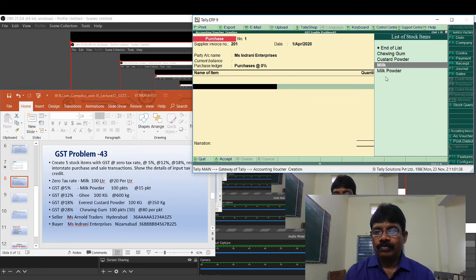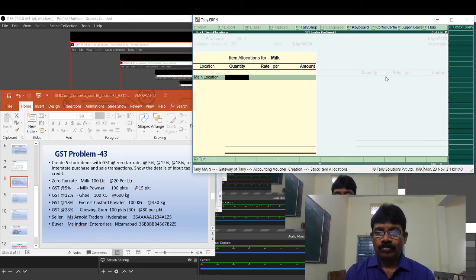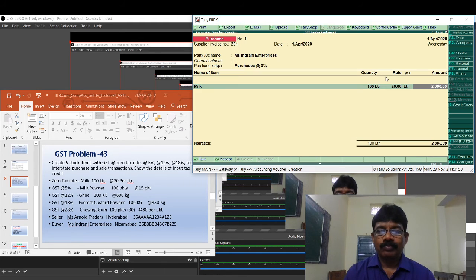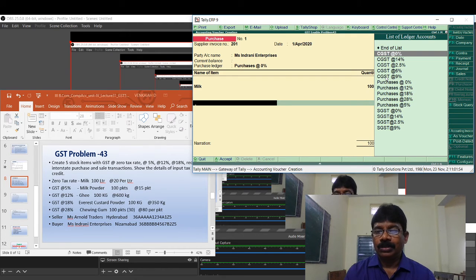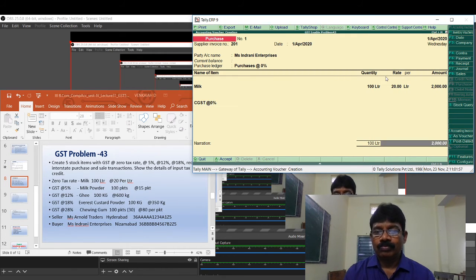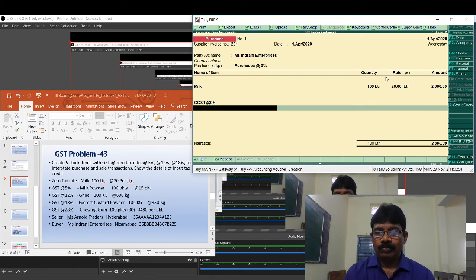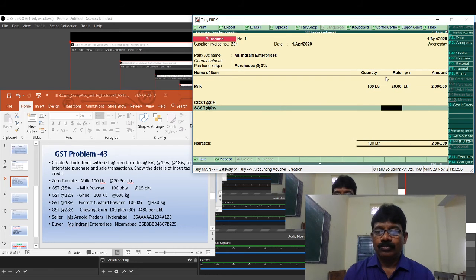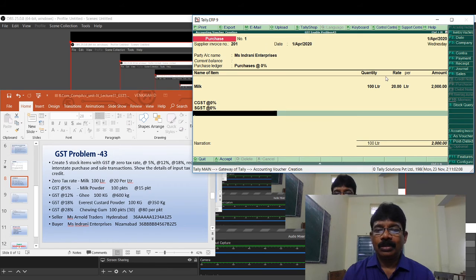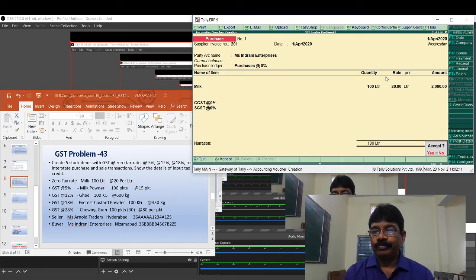Milk, quantity 100 LTR, rate is 20 per liter. GST is 0, GST also 0. It indicates that it doesn't have any tax.